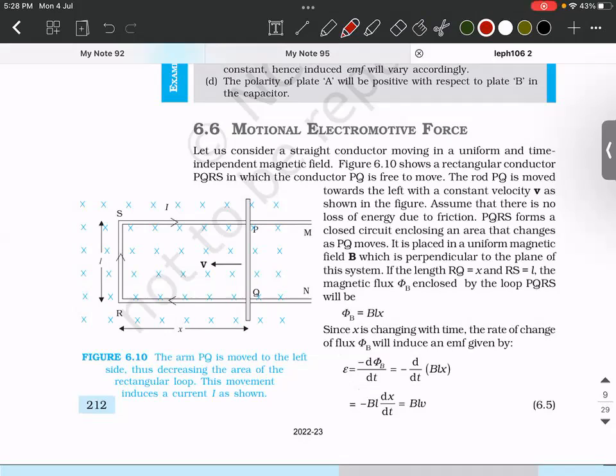And that EMF which is generated due to this motion is called motional electromotive force, or motional EMF. So this is the next topic that we are going to discuss. Can you please write down the heading? The heading is motional EMF.